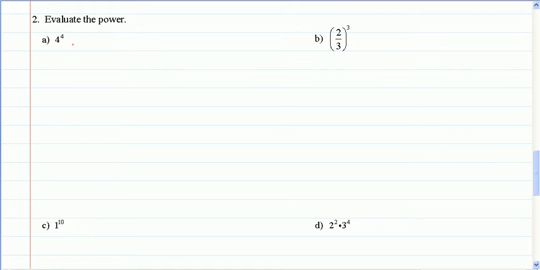For number 2, evaluate the power means that you want to write the exponent out as a product and then calculate the value. So 4 to the 4th means 4 times 4 times 4 times 4. So I like to take 2 at a time. 4 times 4 is 16, and another 4 times 4 is 16.